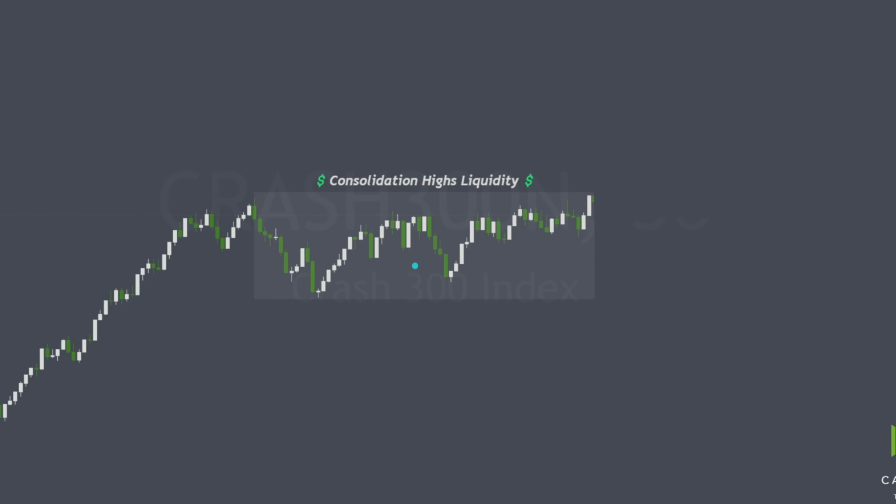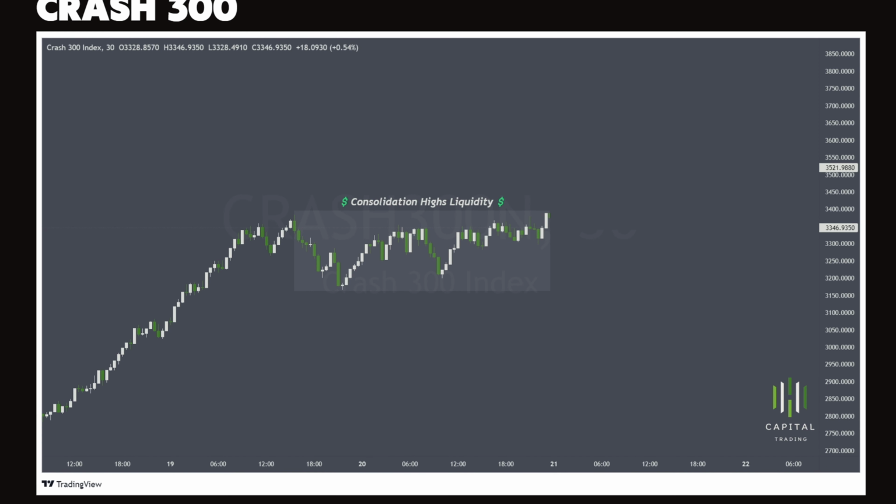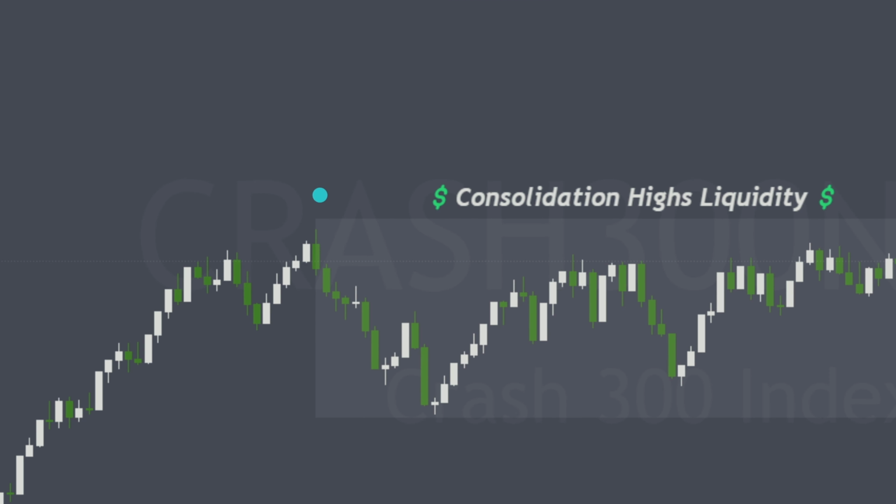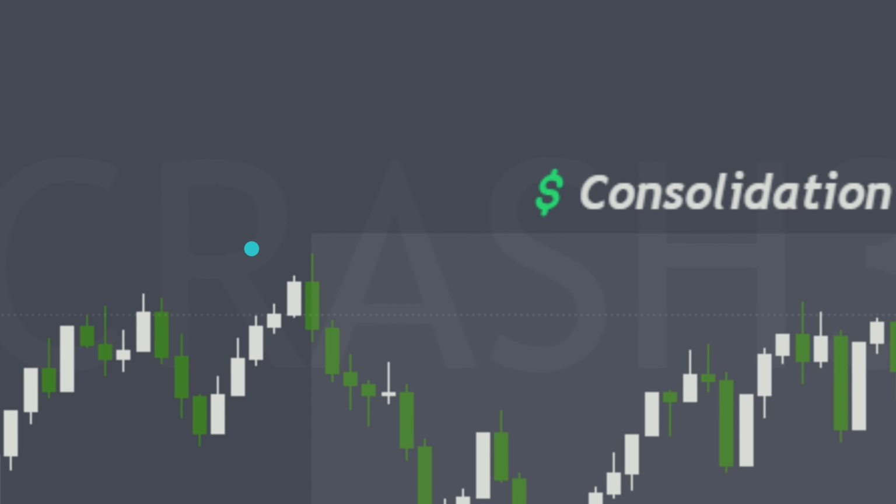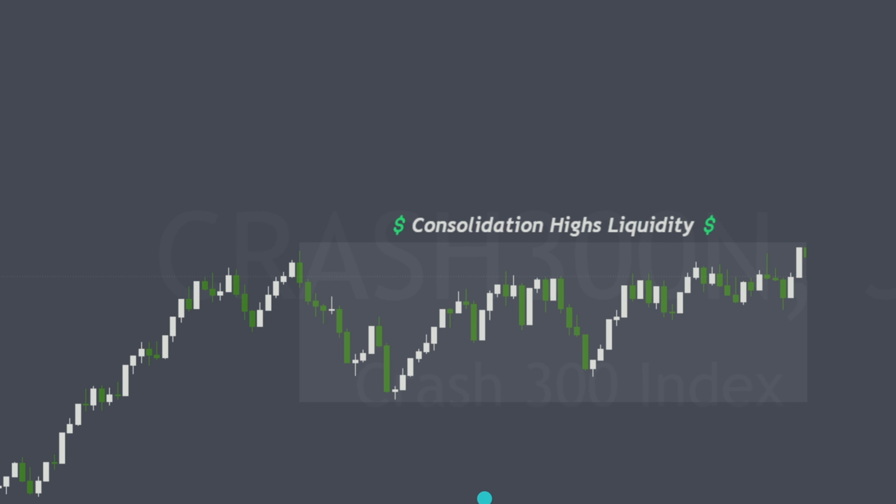So when we talk about a consolidation, firstly, we identify a swing high, right? And then we identify a swing low, right? So when price keeps on going, failing to break the swing high, and then it keeps failing to break the swing low, and it continues in this sideways format, we call it a consolidation.